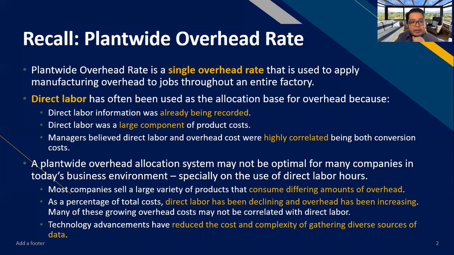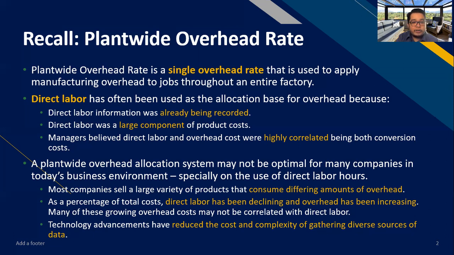Okay. Also, managers believed that direct labor and overhead costs were highly correlated, since they are both conversion costs. If you remember, both direct labor and overhead are called conversion costs because they are costs that are used to transform raw materials into finished goods or finished products.